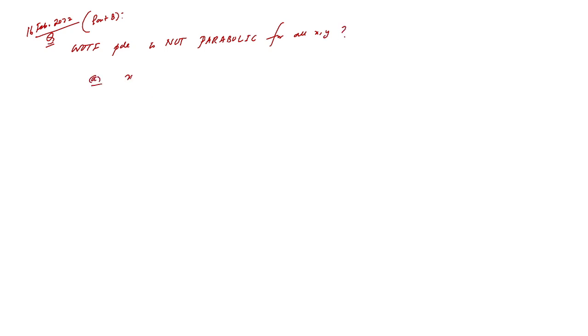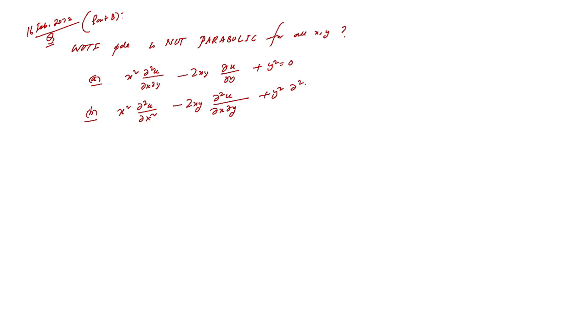Option A: x square del 2u del x del y minus 2xy del u del y plus y square equals 0. Option B: x square del 2u del x square minus 2xy del 2u del x del y plus y square del 2u del y square equals 0.